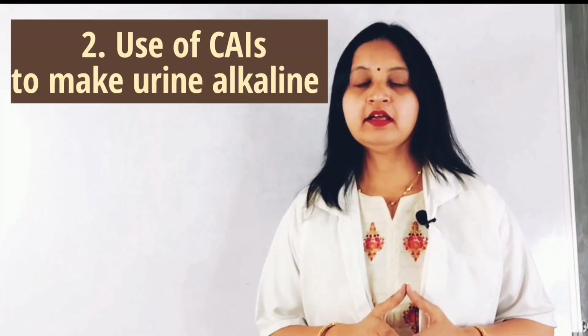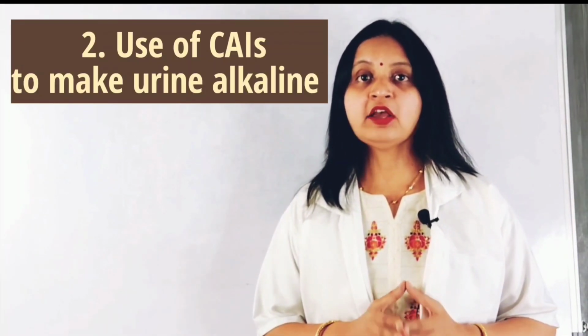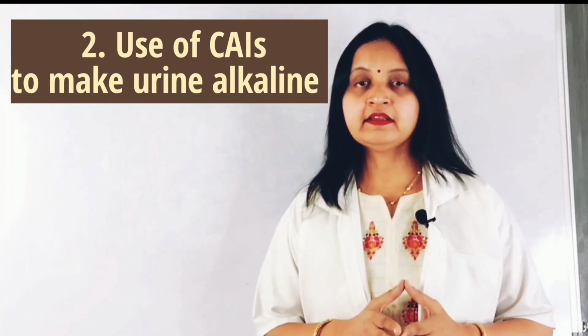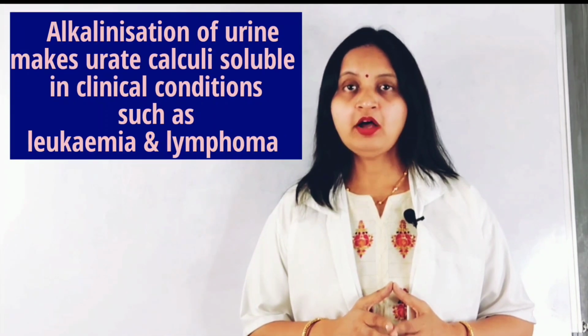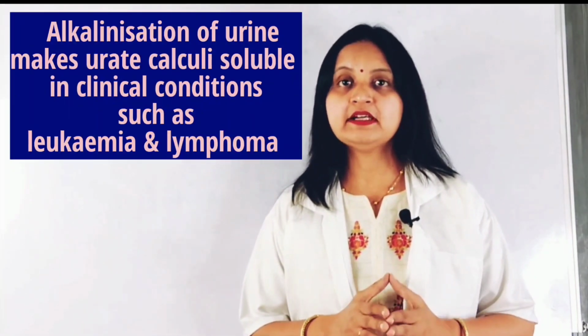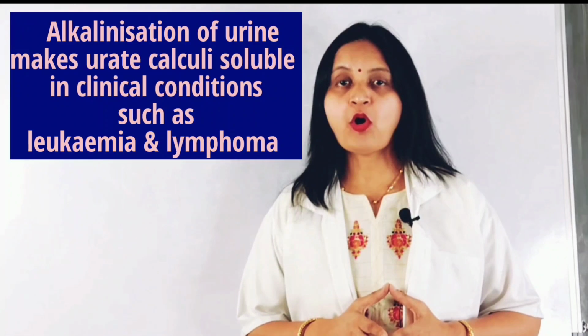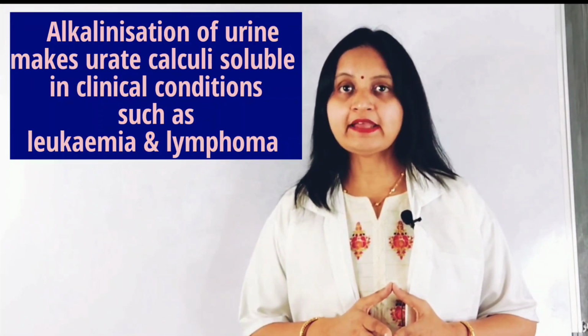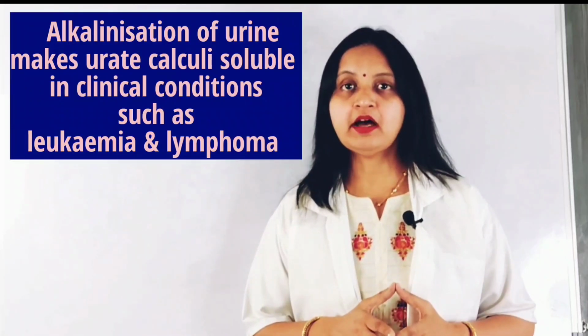and hypokalemia. The second clinical use is urinary alkalization to treat urate calculus. In clinical conditions such as leukemia and lymphoma, when chemotherapy is administered, there is increased metabolism of nucleoproteins causing increased production of uric acid or hyperuricemia.